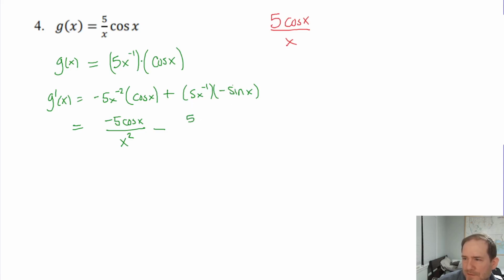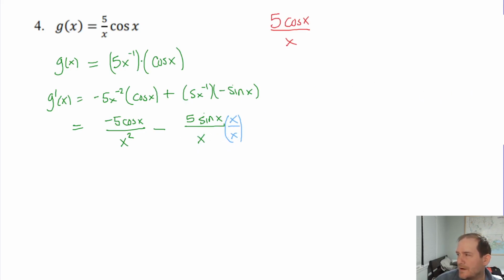And again, we'll do a 5 and a sine in the numerator. But this x to the negative 1 will boot that down to the denominator, make it x to the positive 1. Then from there, if I wanted to combine these two terms, and I definitely do, then I would need a common denominator. So you'd multiply this term by an x over x. And that'll get you an x squared in the denominator.